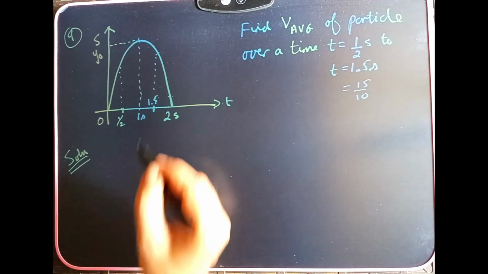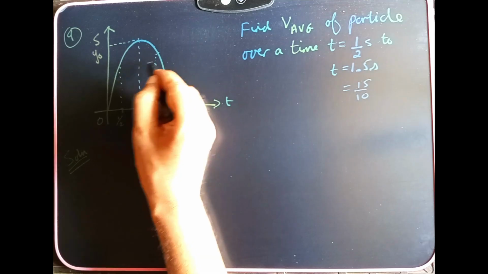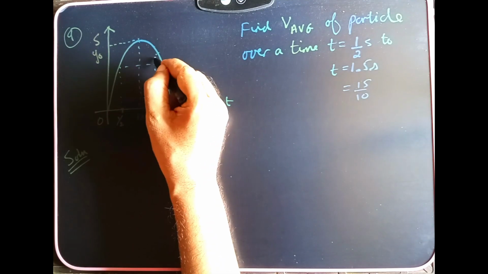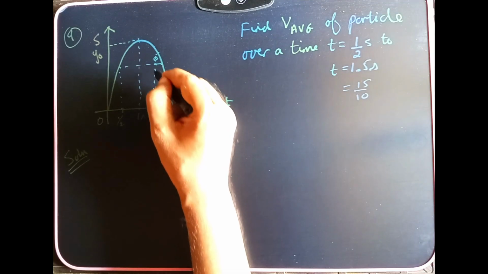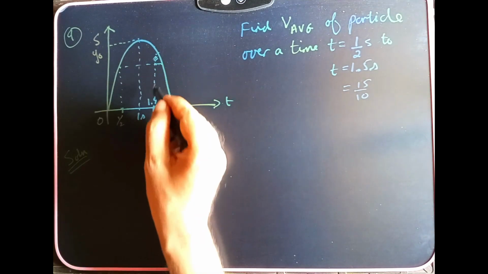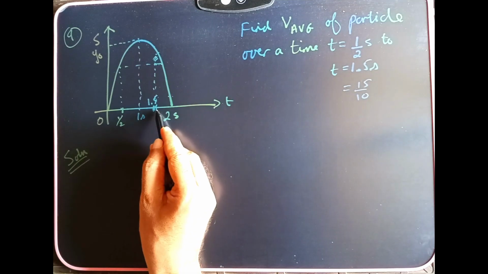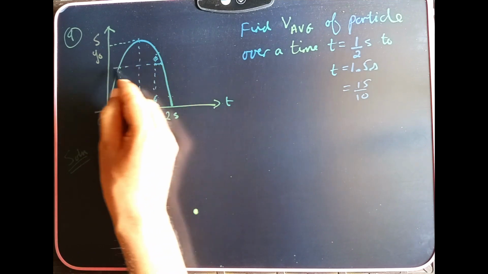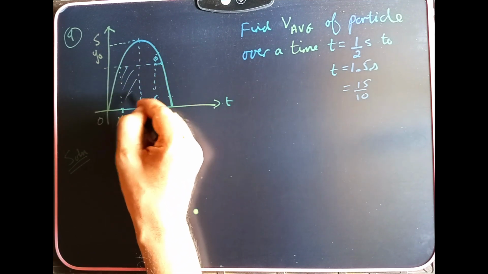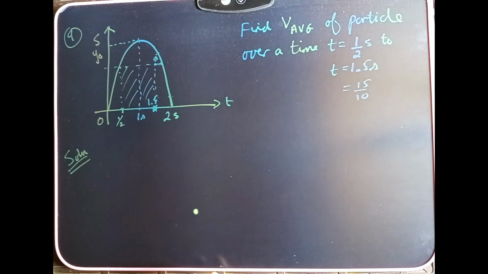In fact, 1.5 seconds will be exactly at the same level. Maybe the graph I have drawn is a little imperfect. Obviously, this is half distance, and this is also half distance from 2, 0.5 distance from each side. So the distances will be symmetric. Find the average velocity of the particle.